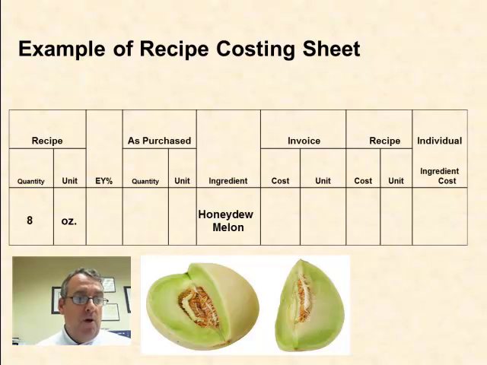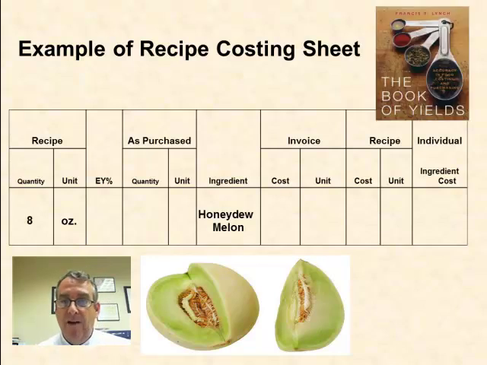Now, the book of yields tells us that a whole honeydew melon, on average, has a 57.5% yield. That means that for each melon purchased, we can expect about 42.5% waste.